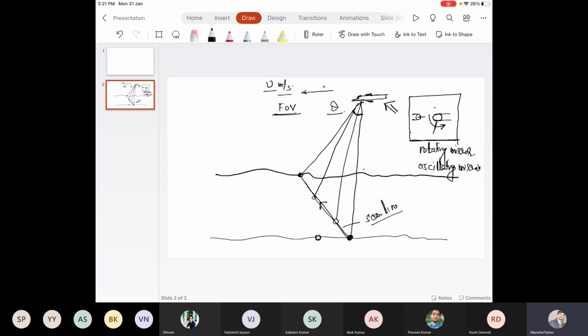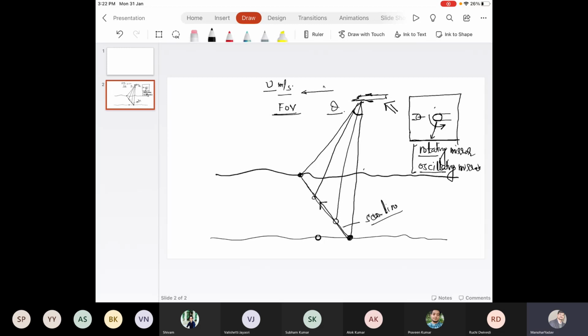And this is the mirror unit. Okay, so the angular motion provided to this mirror is either rotating or oscillating.